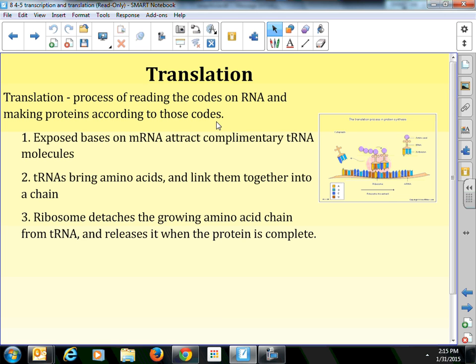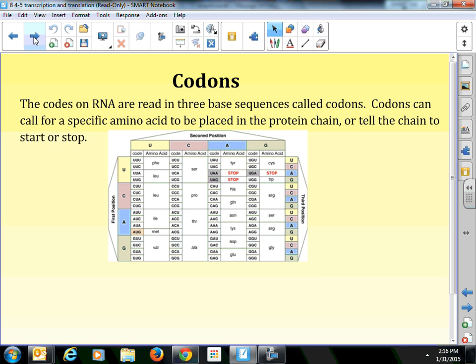Those codes were transcribed into RNA, and then those RNAs were read in the process of translation by the transfer RNA and the ribosome. In the end, you'll have your proteins that make you you. And that is the whole process of reading the codes in DNA, and that was discovered in great part by Francis Crick.